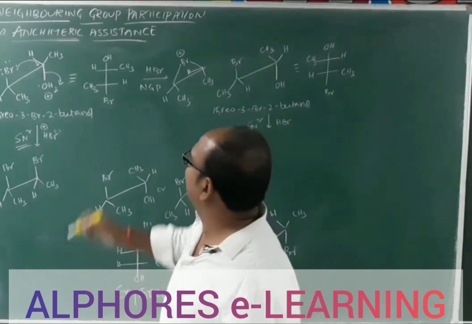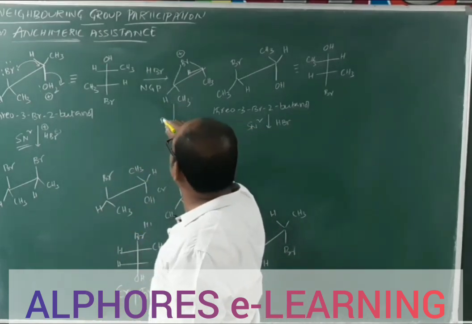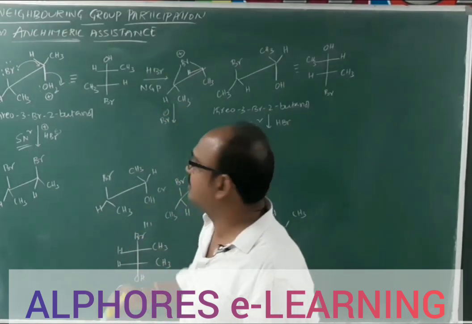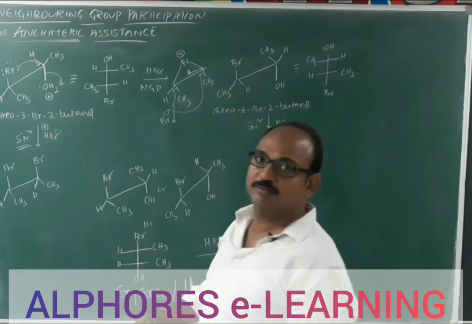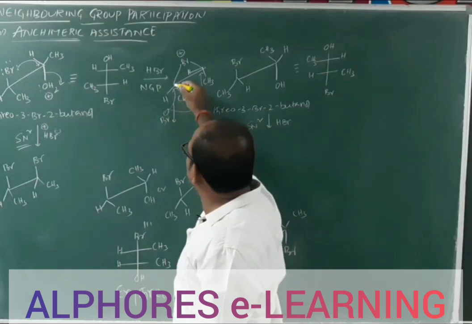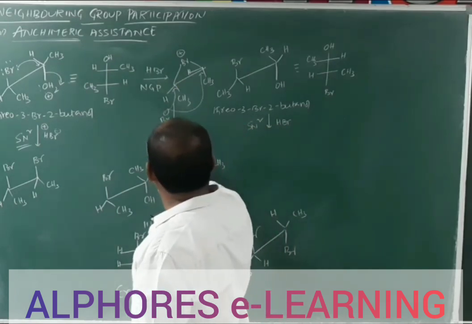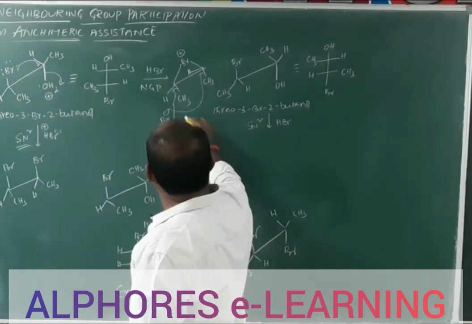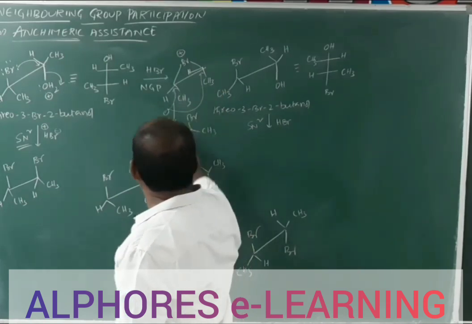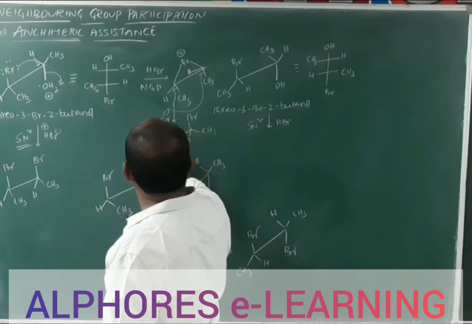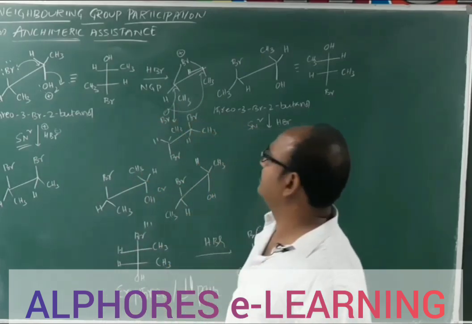Now the Br minus counterpart comes and approaches the two carbon centers. One is this one, another one is this one. If it attacks this one, we get the product: here Br, and here CH3, H, and here CH3, H. This is one path.